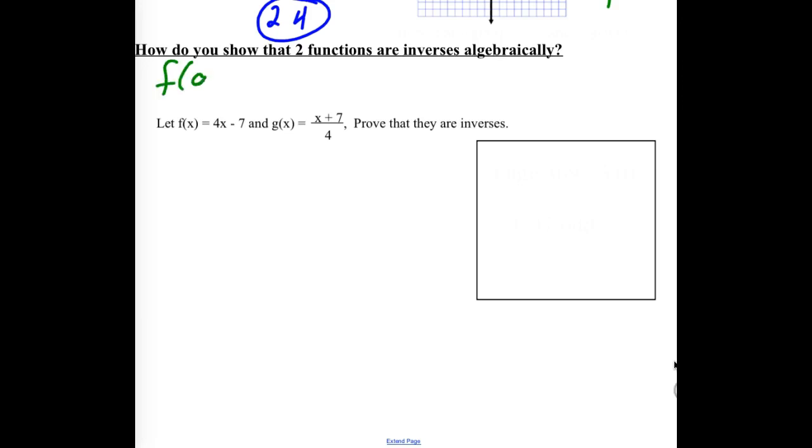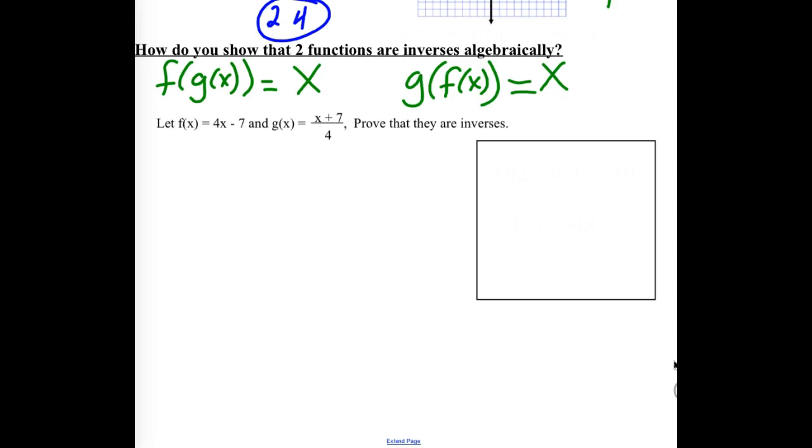You have to do f of g, and you have to do g of f, so both directions. And when you do the compositions, your answer should come out to be just an x for both of them. Because if something is an inverse, it should be undoing all of the steps that the original function did. So when you compose them, they should undo each other and just give you an x at the end.